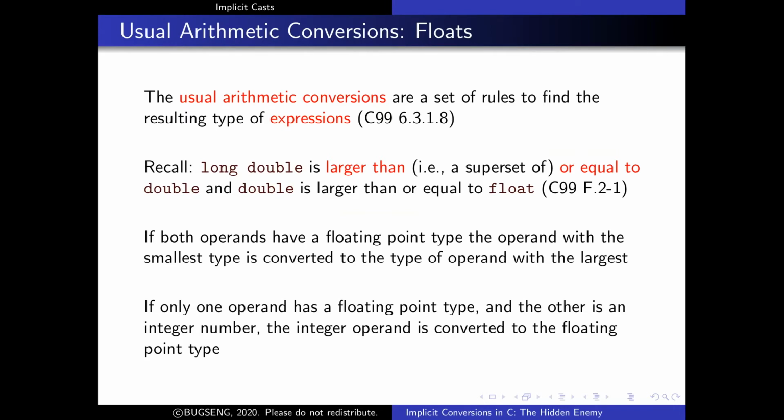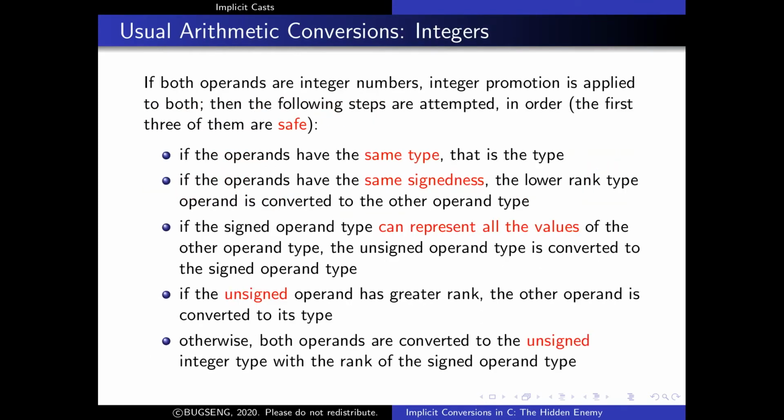However, converting an integer to a floating point type is less likely to cause problems than the other way around, because the range of floating point types is usually much, much larger than the range of integers. So these are the usual arithmetic conversions for floats. Let's go to the integers.